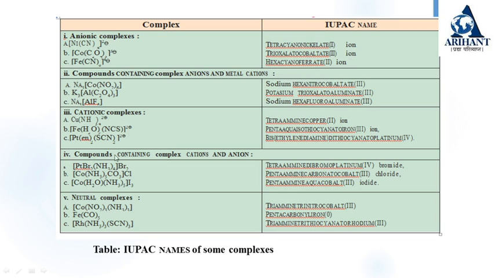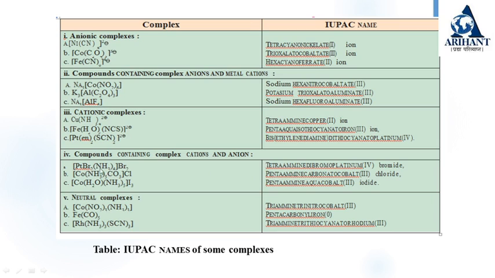Next category is compound containing complex cations and anions. So in this, [Pt(Br)2(NH3)4]Br2. So we will write first ligand tetraammine, then 2 bromines are in coordination sphere, so dibromo platinum 4.